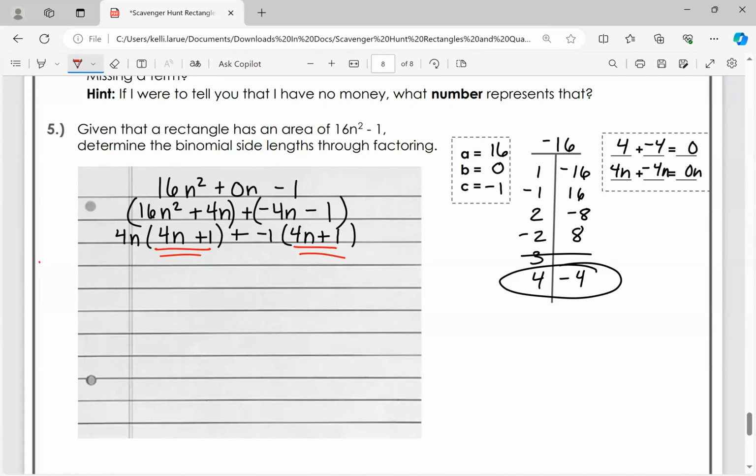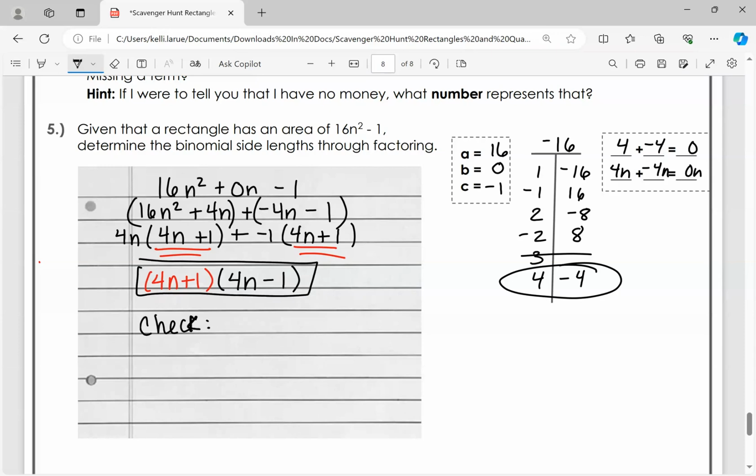Okay, now our groups are the same. If that does not happen for you, you've made a mistake somewhere. But I'm going to factor out that common group. And when I pull that common group out, I'm left with 4n plus negative 1, which is the same thing as 4n minus 1.